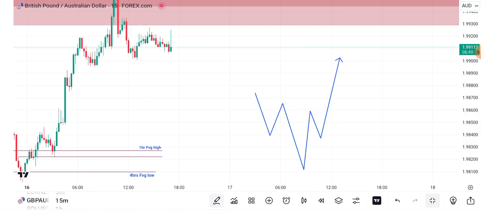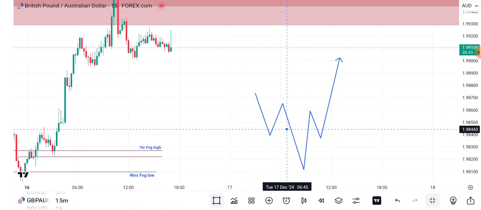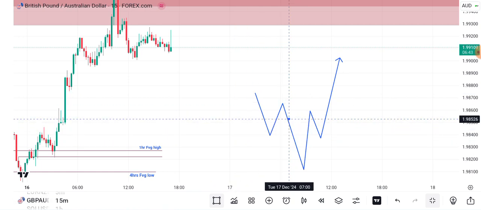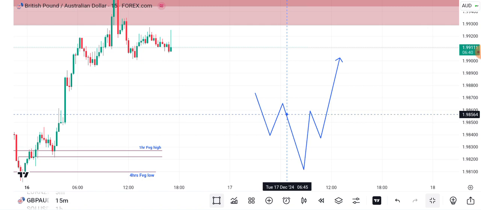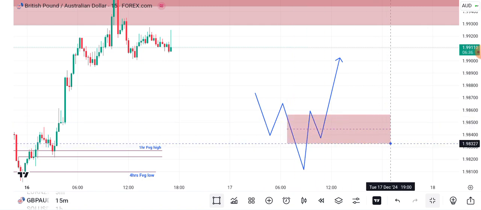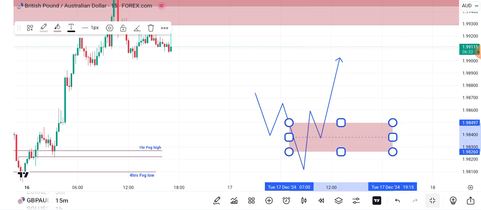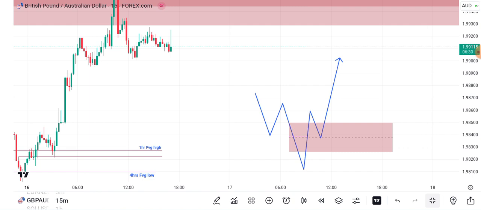Let's say there was a fair value gap here, starting from here to this place. Let's say the fair value gap was here. So it is a simple illustration.